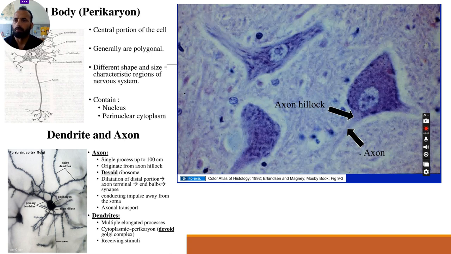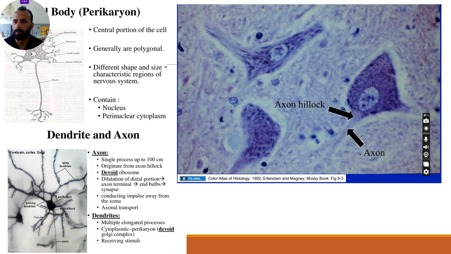The features of the perikaryon, or the soma or cell body, are that it attains the central position in the neuron, and the shape is basically polygonal. The size and shape of this cell body are determined by where these neurons belong, so it will have different shapes and sizes.